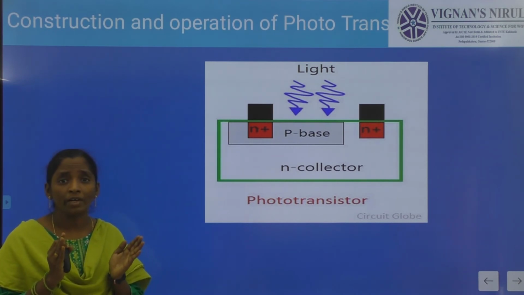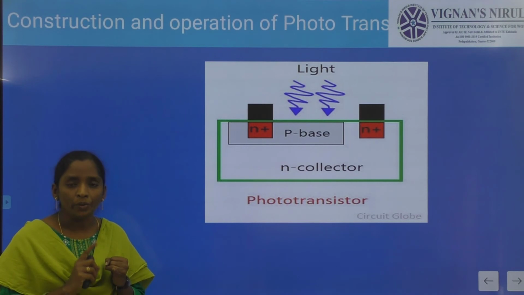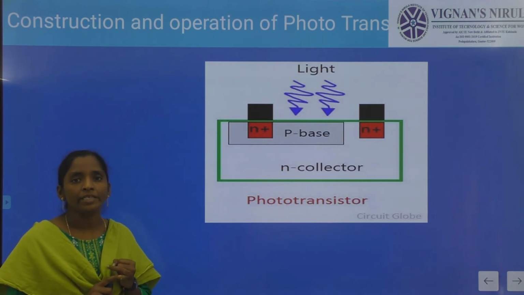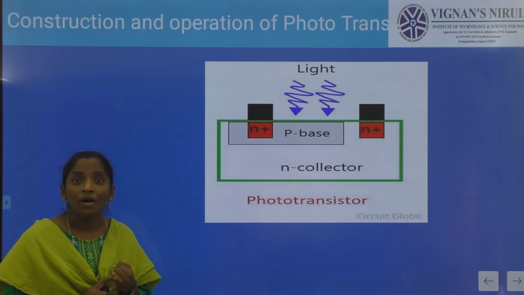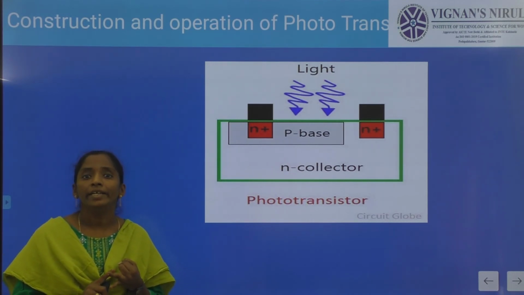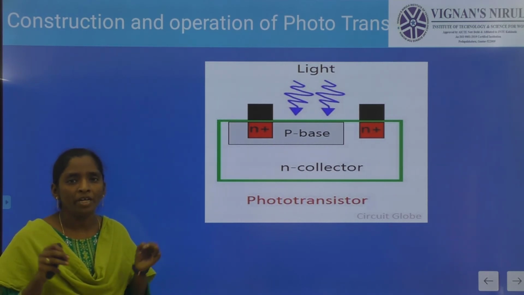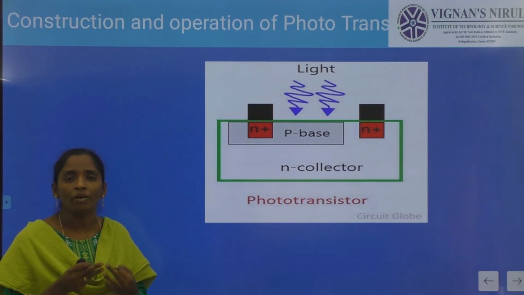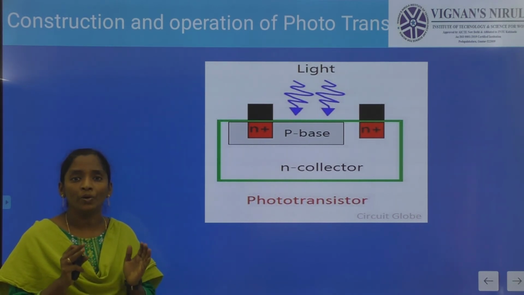The photodiode consists of two types of currents: one is the current due to minority charge carriers, and the other is the current due to the intensity of light. Even with the combination of these two currents, the output of the photodiode is very low, so it is insufficient to drive control circuits.